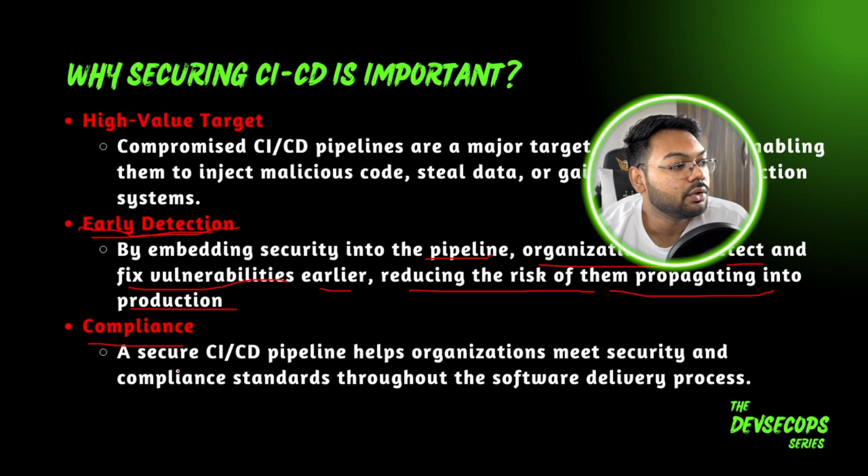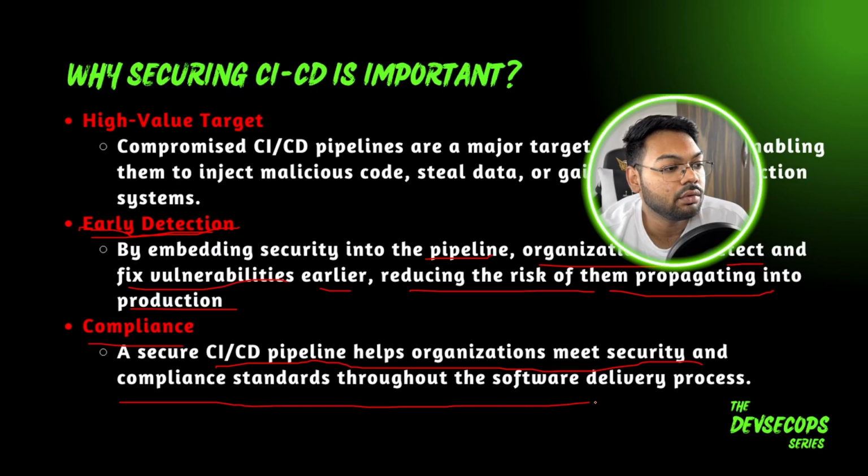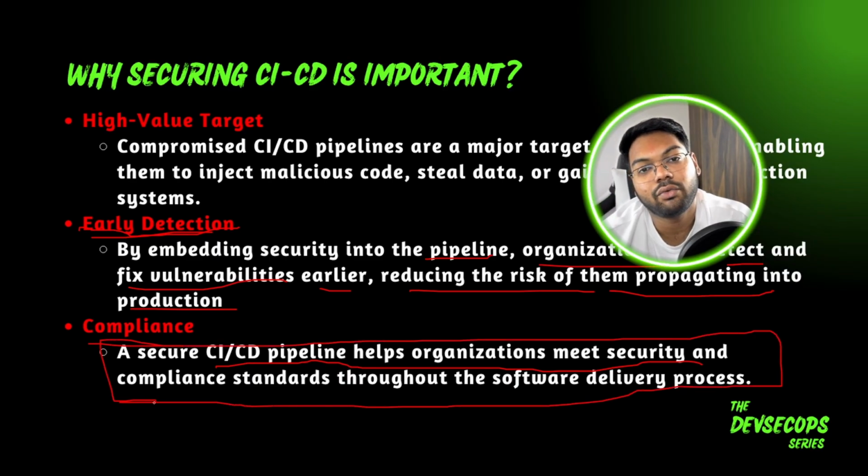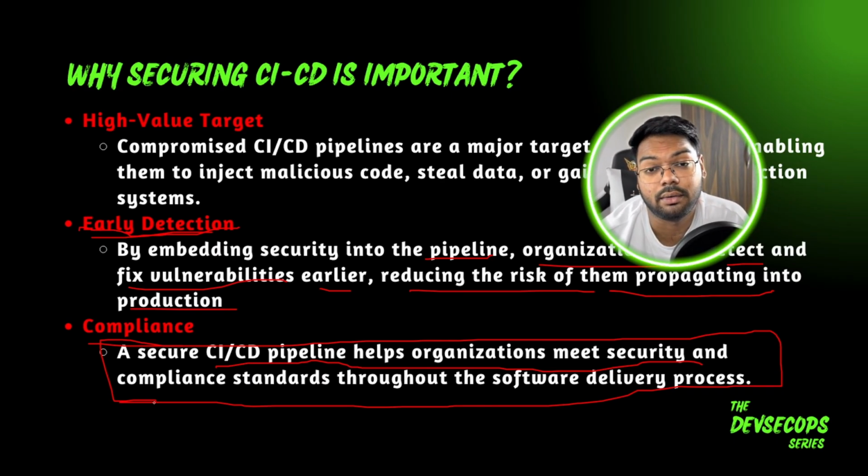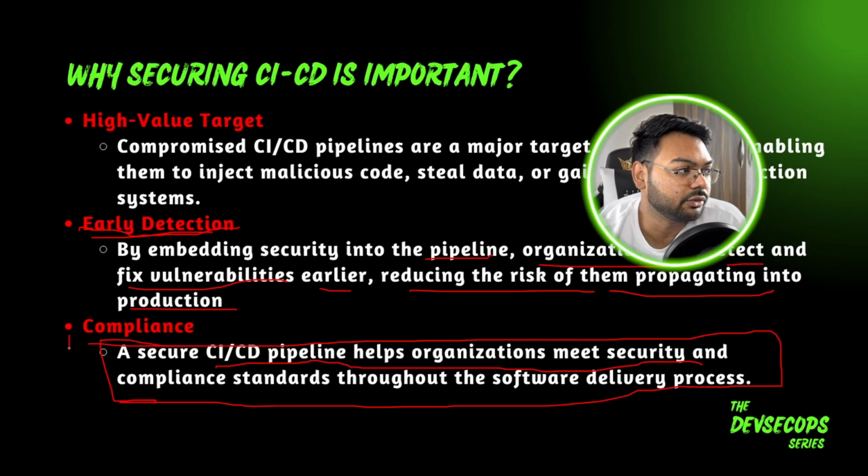So, compliance. A secure CI/CD pipeline helps organizations meet security and compliance standards throughout the software delivery process, which would make it easy to certify for NIST CSF, for SOC 2 compliance, or anything else that your industry is adhering to. Those are a few things you can check for compliance purposes.